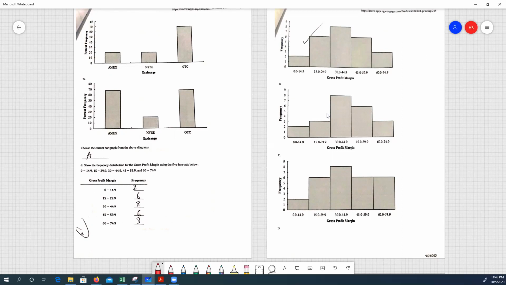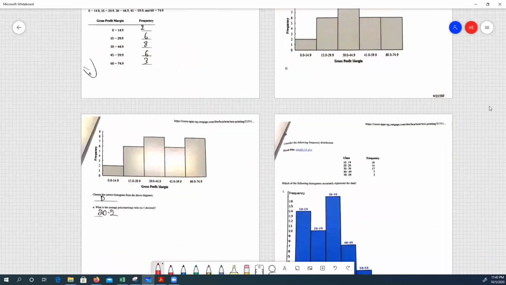So what's the problem with the second one? If you look here, this is not correct. Here the frequency is 3, but it should be 6. And for this one, the frequency should be 3, but this is 6. So this is not correct. And similarly for part D, if you look at this, this is not correct.